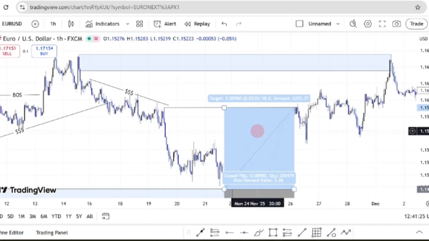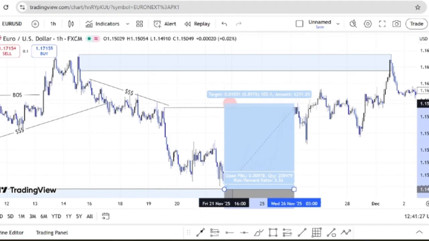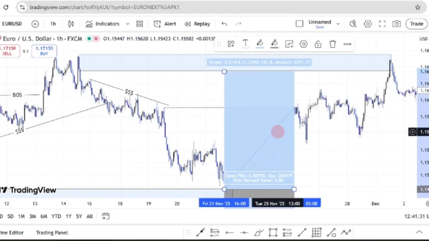And if you go for the extreme zone, which is this level here, this would have given us a 1:4.8. So now you can understand how we are able to use trend line in our favor in achieving profitability in the market.